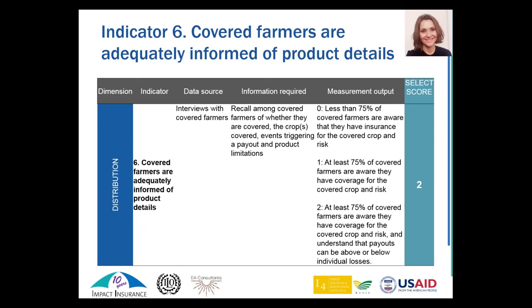So basically we expect farmers to be able to say, I am covered for maize, for drought, and it can happen that sometimes I will not get a payout. Okay. I don't know if that answers the question.